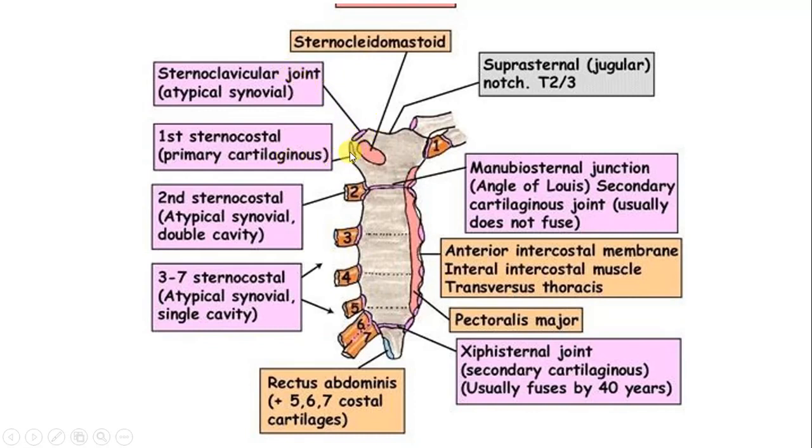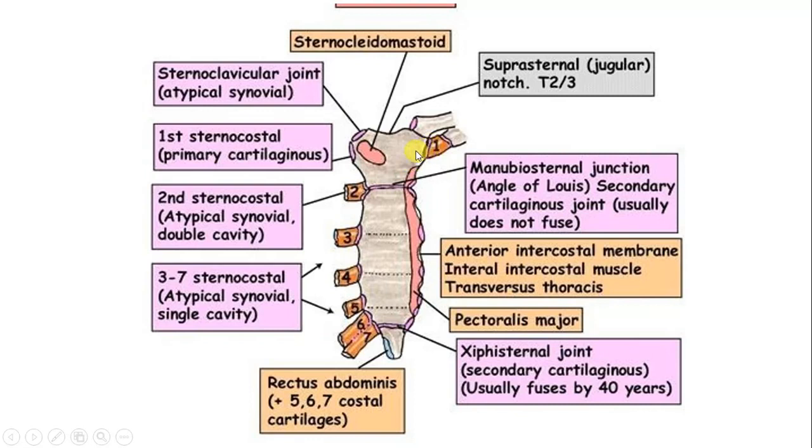Then is the first sternocostal joint. This joint is also atypical. It is primary cartilaginous, so it means that no movement will occur at this joint of the first rib. Keep it in mind that the joint of the first rib with the T1 vertebra is not primary cartilaginous.